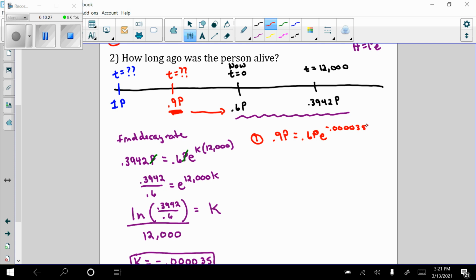And I don't know the time, so T. So my P's are going to cancel again. So I get 0.9 over 0.6 equals E to that exponent.